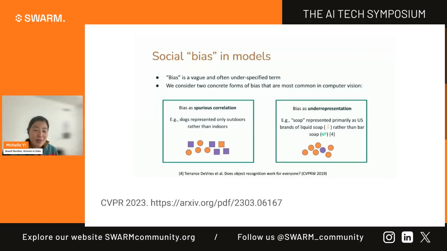But maybe there are just more images uploaded of dogs outside, and the model thinks that dogs only live outside. So this is obviously a spurious correlation, but it's super common to run into these, even if you're using something like ChatGPT. You'll see these all the time. And then the second one is underrepresentation. This is truly an out of distribution problem, meaning that you only have certain elements of items represented in the training data set, and you don't have enough diversity of that particular image.